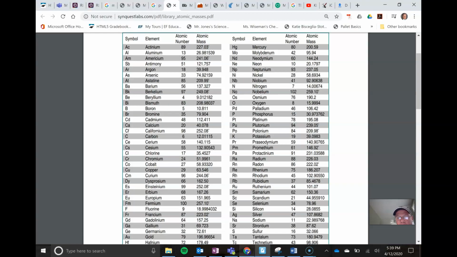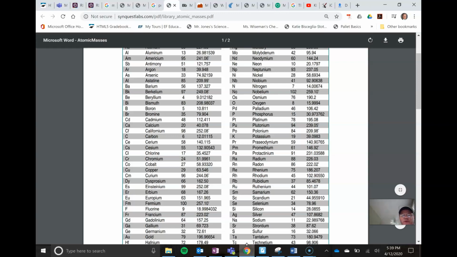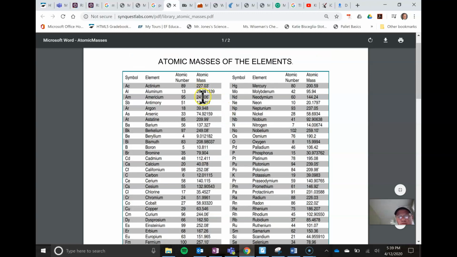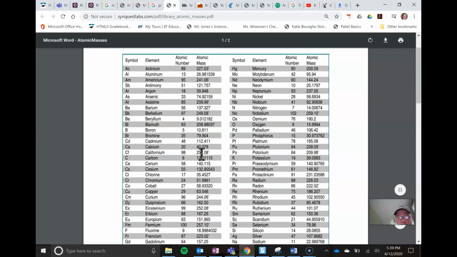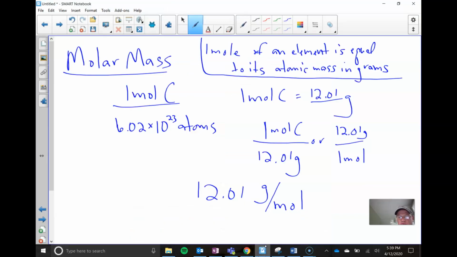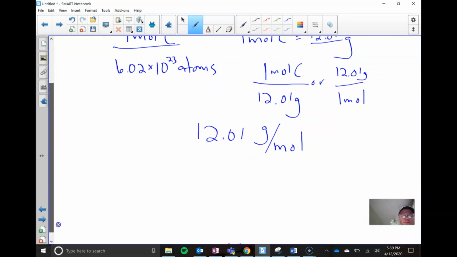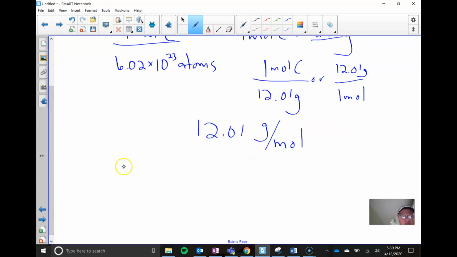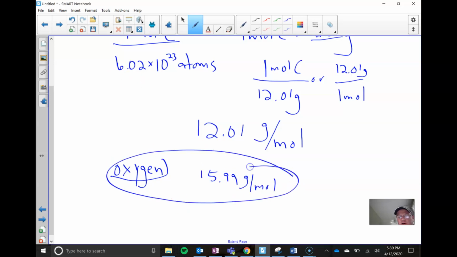Now, looking back at this table, if you know the atomic mass, then you know the molar mass of every single element on the periodic table. So that being said, the molar mass for oxygen, you look it up on the periodic table, it is 15.99 grams per mole for oxygen.